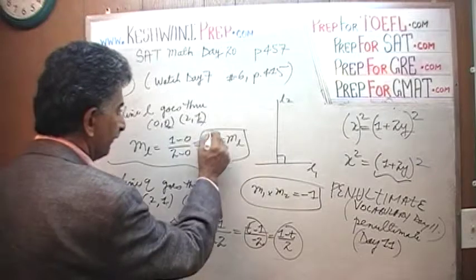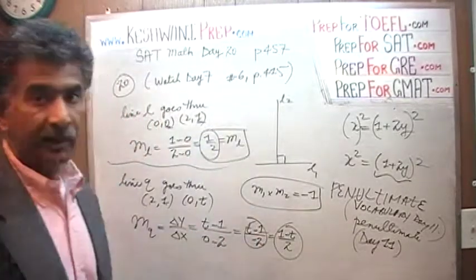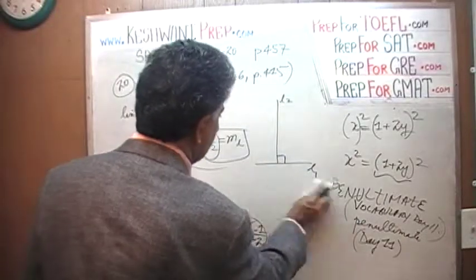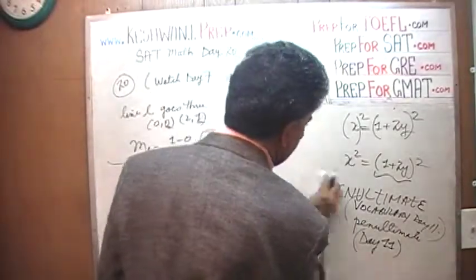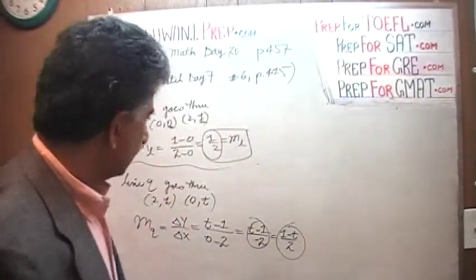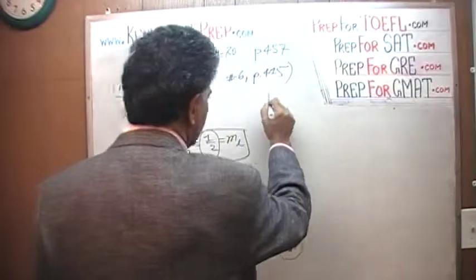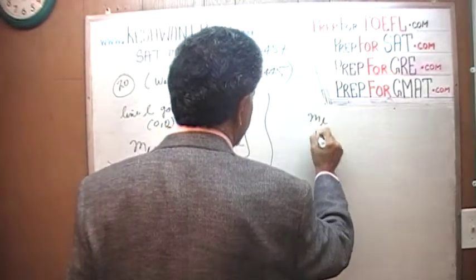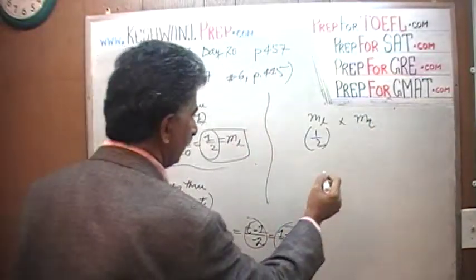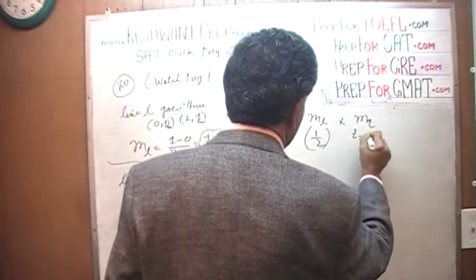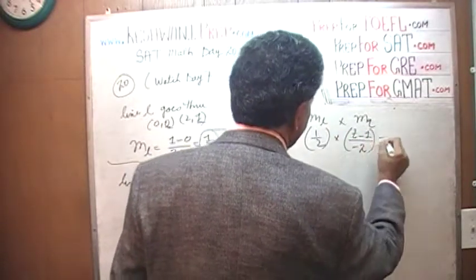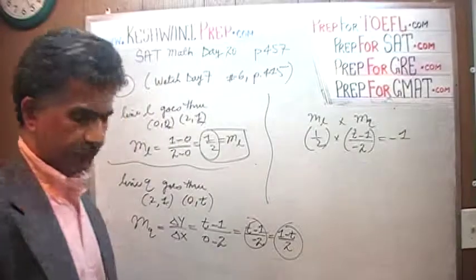Now, the product of this slope and this slope has to be -1. And that's how we're going to find t. Let's do it here. The product of the slope of line L, which is one half, times the slope of line Q, which we just found is t minus 1 over -2, has to equal -1.